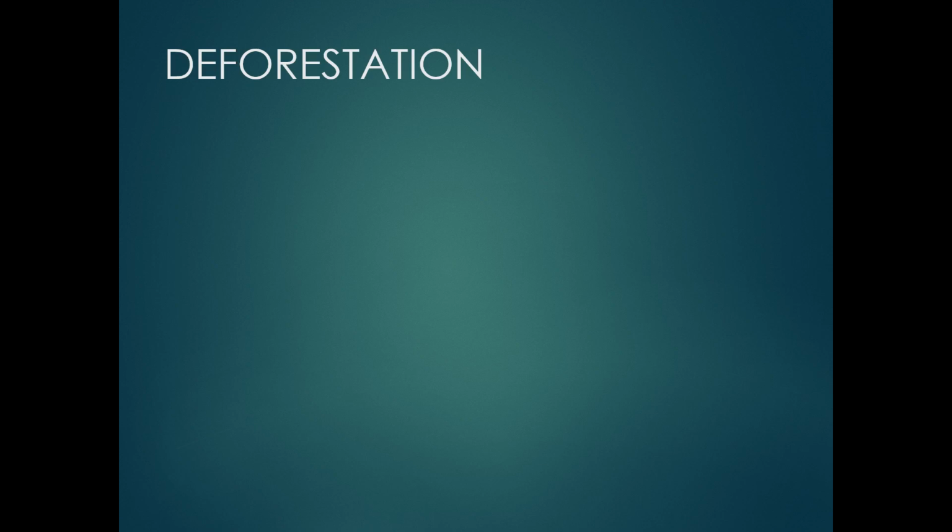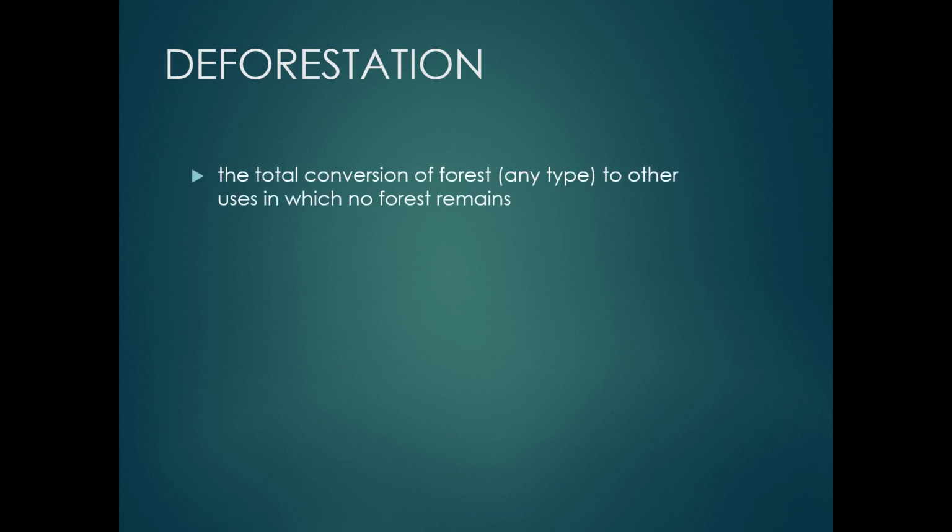So let's talk a little bit about deforestation. We'll give you some definitions and put it into a context so we can start to talk about proximate and non-proximate forces and how they vary globally.